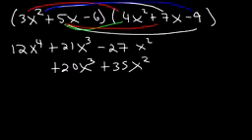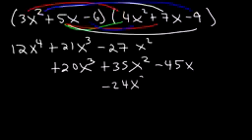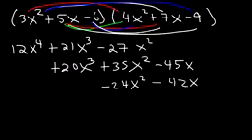And then 5x times negative 9, that's negative 45x. Next, let's multiply negative 6 by 4x squared. And that's negative 24x squared. And then negative 6 times 7x, that's negative 42x. And finally, negative 6 times negative 9 is positive 54.